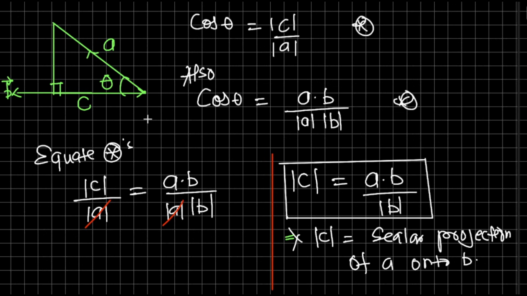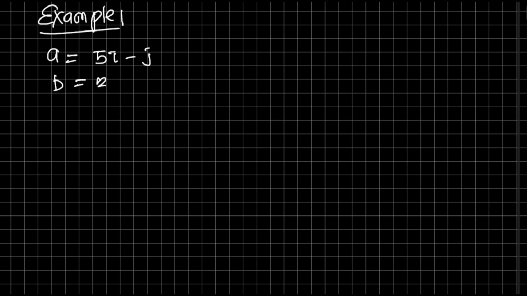So let's look at examples. Example 1. Consider the vectors A equals 5i minus j, B equals 3i plus 4j.